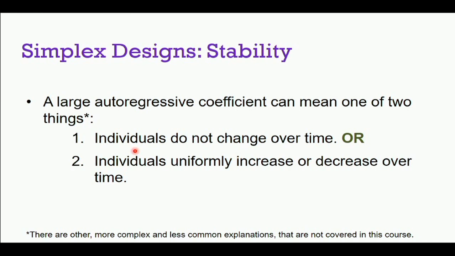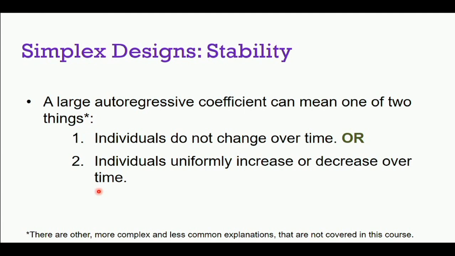Okay? But it also allows for the possibility that individuals uniformly increase or decrease over time. So if we take a mathematics test and we measure in grade 1, and then in grade 2, and then in grade 3, yes, we should see an increase.